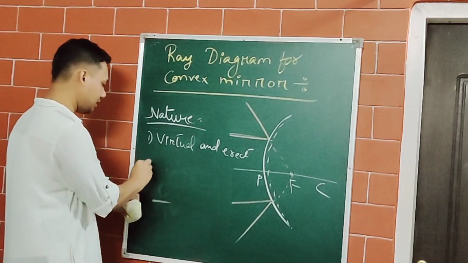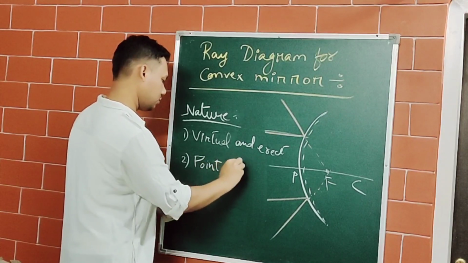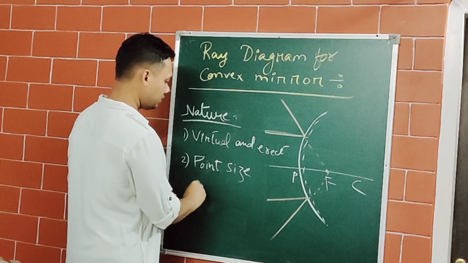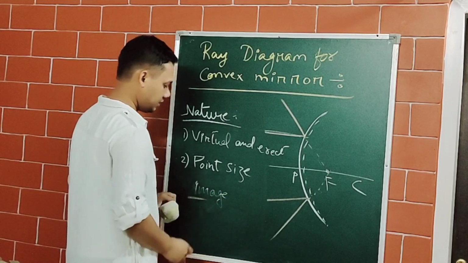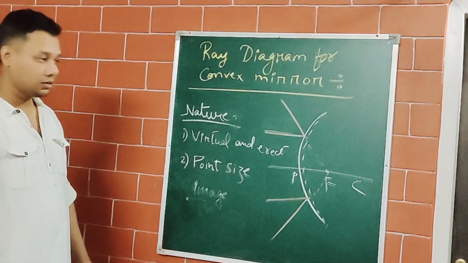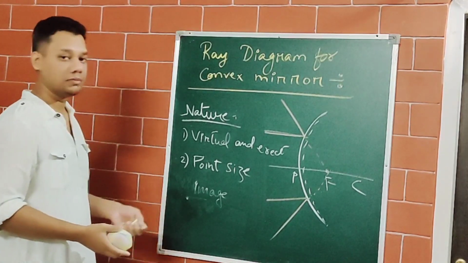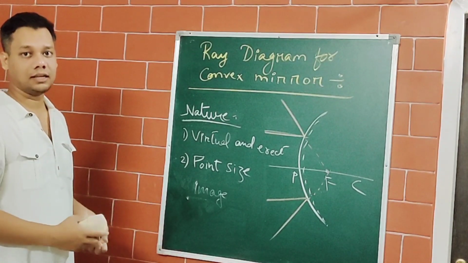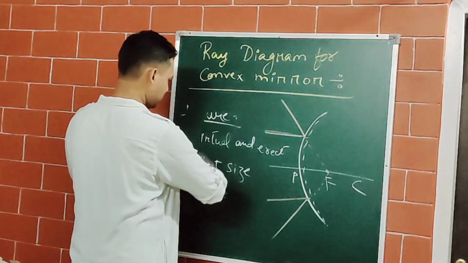It is a point size image. Clear? So this is the nature of the image formed by a convex mirror when the object is placed at infinity. We are done with this.